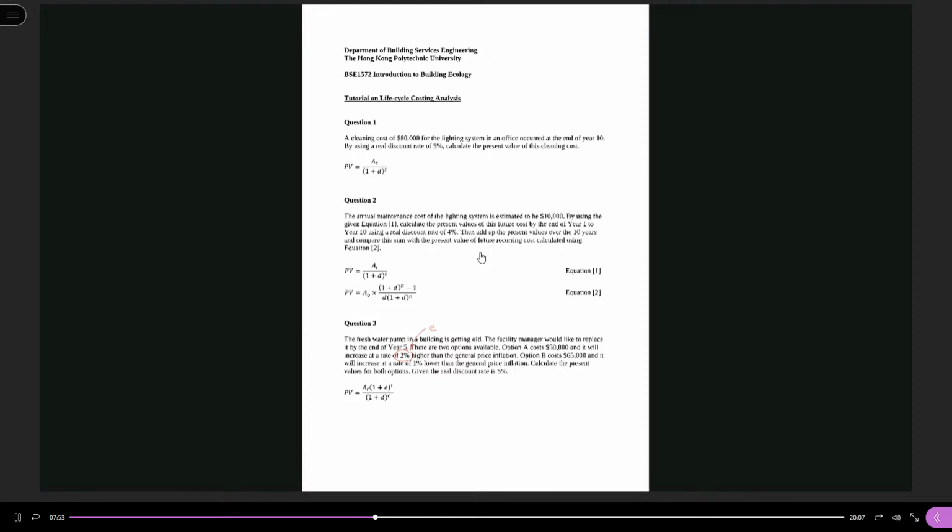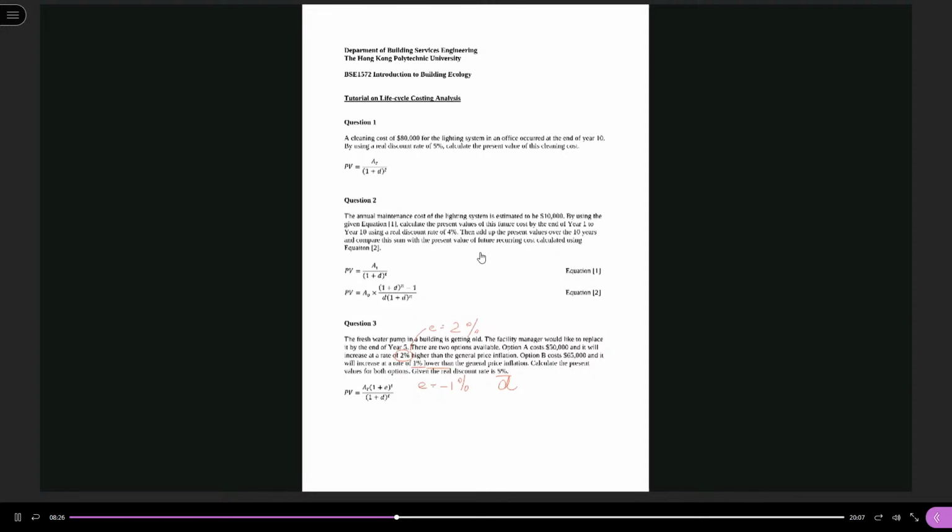And option B, 65,000, will increase at a rate of 1% lower. So E will equal negative 1%, and for option A, E will equal positive 2%. Calculate the present values for both options, and the real discount rate D is 5%.